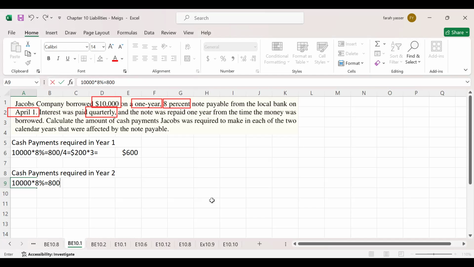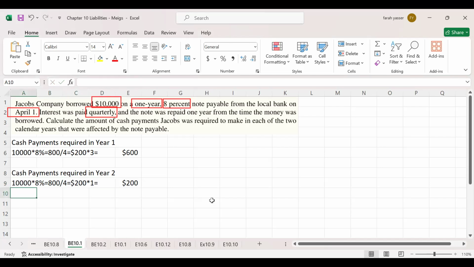This $800 represents 4 quarters, so the quarterly payment is $200. In year two, we are covering just 1 quarter, which makes the interest payment just $200.